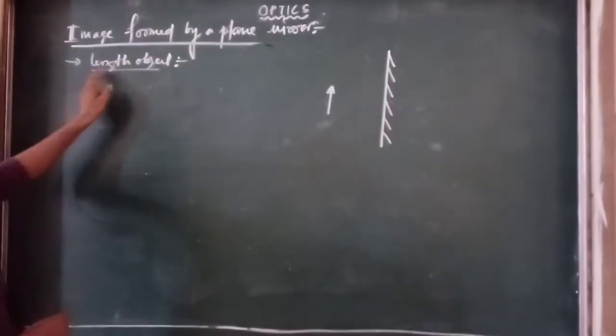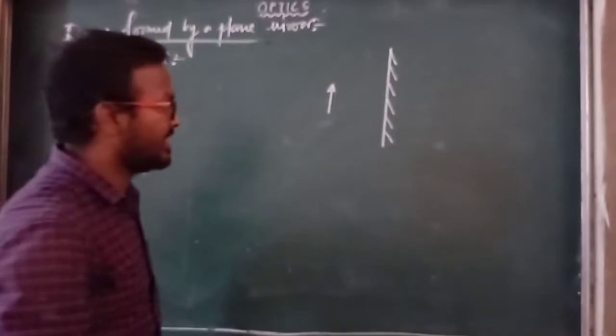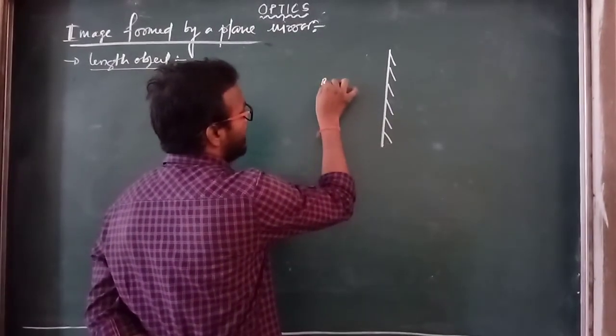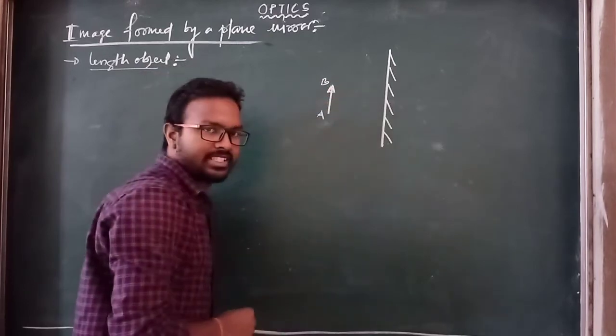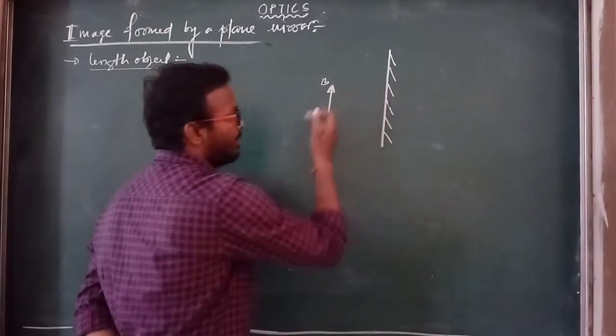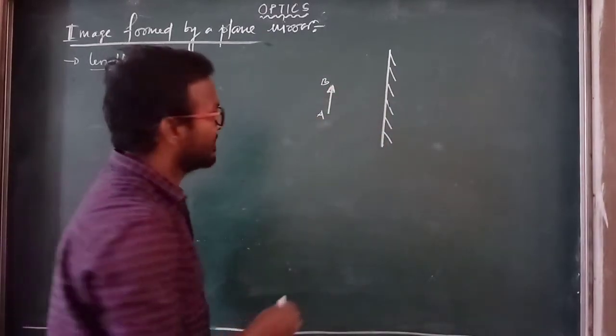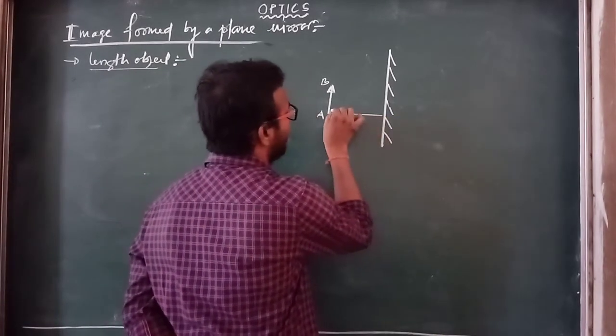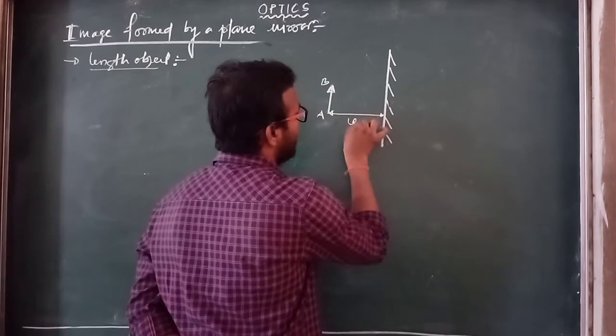Suppose there is a length object, not a point object. Suppose this is point A and this is point B. So there is a length object in front of a plane mirror. Suppose this distance is the object distance, denoted by u.